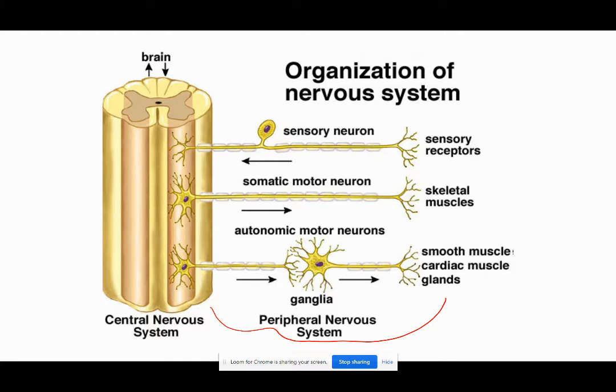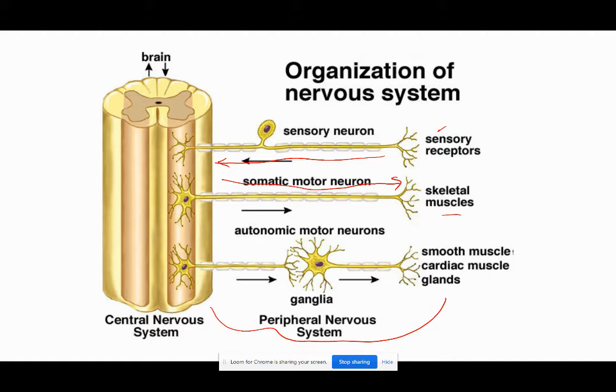So that consists of sensory neurons carrying information from sensory receptors towards the CNS, for example, to the spinal cord here. And then you have what are called somatic motor neurons that are carrying information from the CNS through the peripheral nervous system to skeletal muscles to make the skeletal muscles contract.